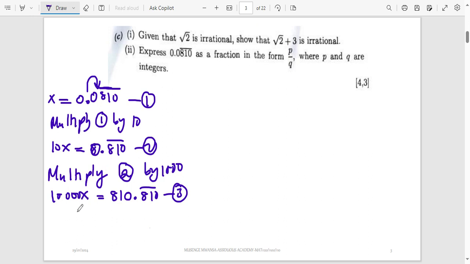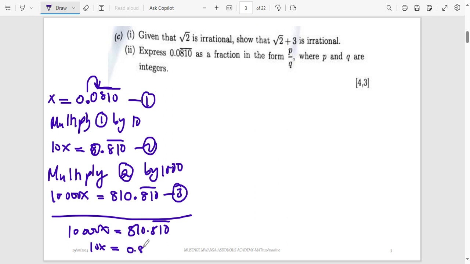Okay, so that is going to be 10,000x is equal to 810.810 repeating, and then we have 10x is equal to 0.810 repeating. These two numbers are the ones that you are subtracting.